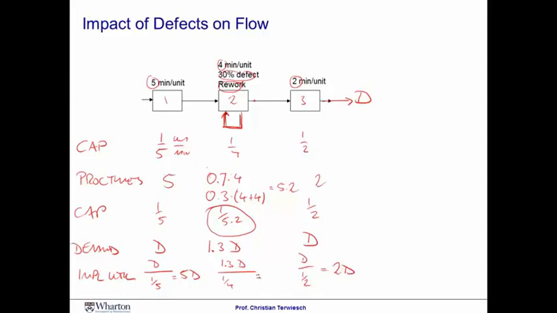So you notice here that this is 5.2D, which is the highest implied utilization, making the second step indeed the bottleneck.